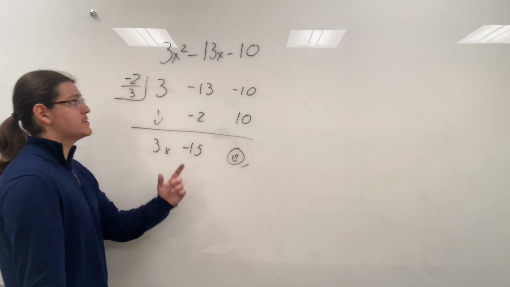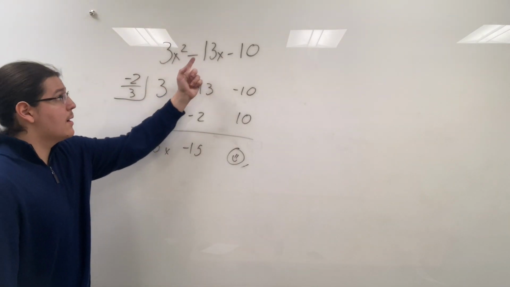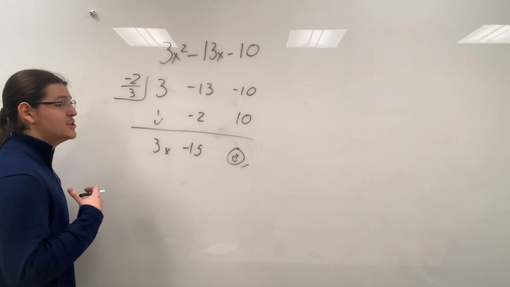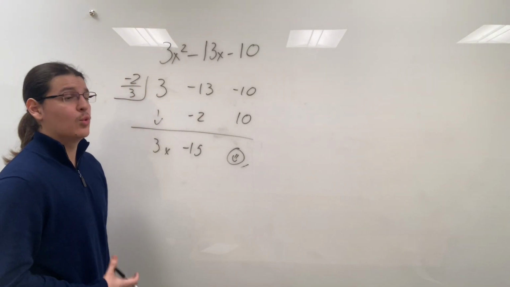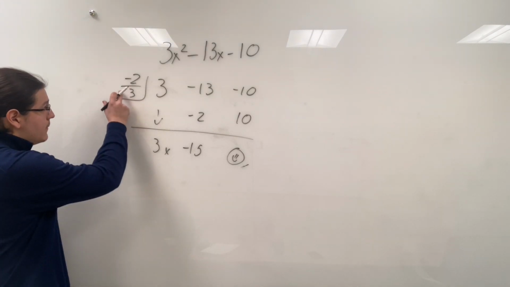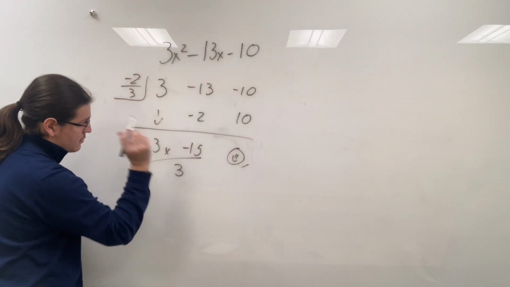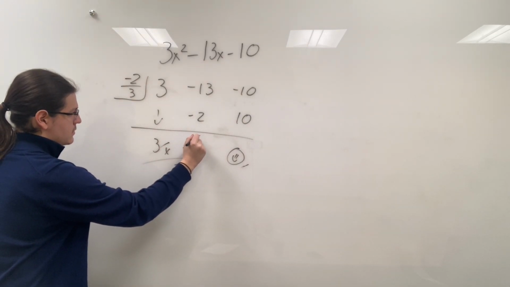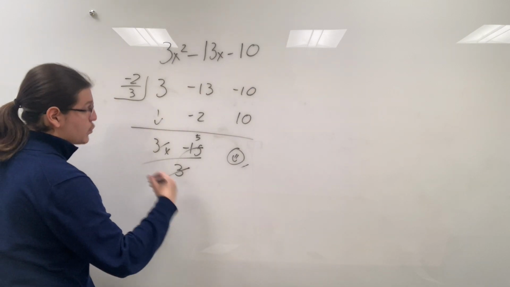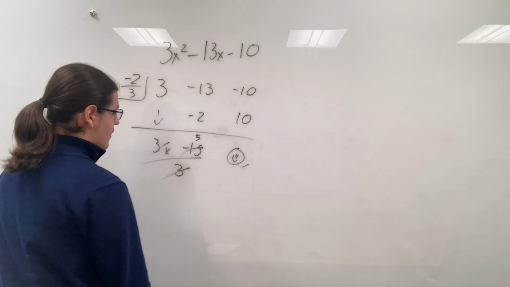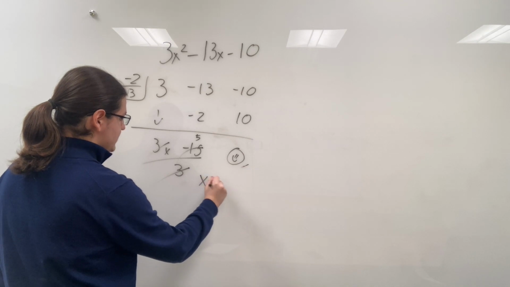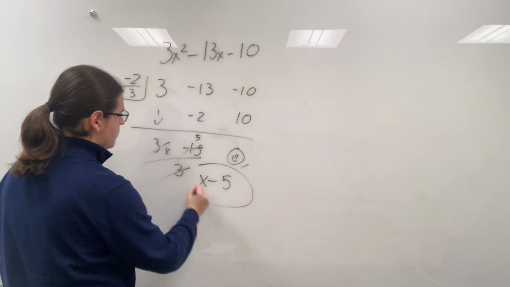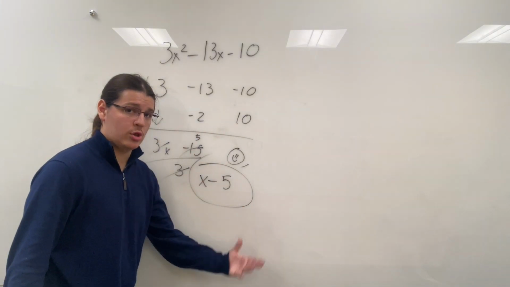So we're asking how many times does 3x fit into 3x squared minus 13x, and so on. So like I said, it doesn't do that division for us. So we have to do it at the end. So divide it all by 3. 3's simplified. So now we can say for certain that our new polynomial is x minus 5. Solved.